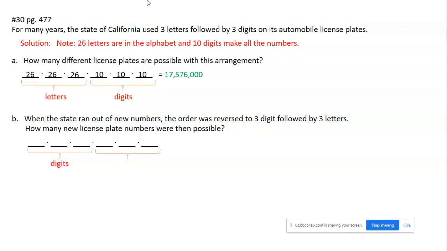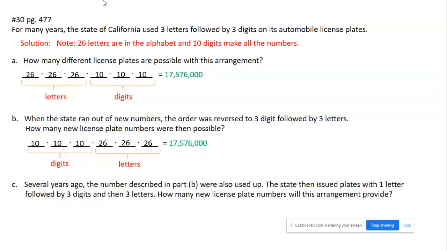But what do you think this number is? What do you think the answer is? So it's 10 for the digits, 26 for the letters. It's going to be the same number, right? But now we have the total of these two. Now we have, what is it? 24 or almost 25 million.